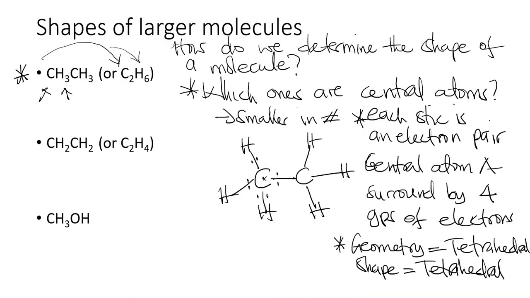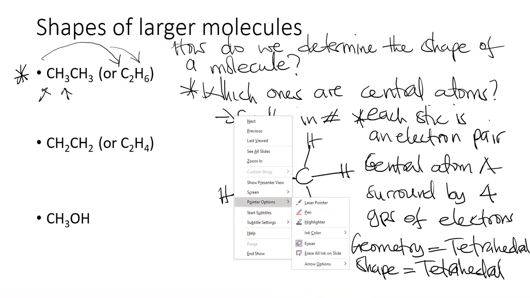A tetrahedral shape occurs when the central atom is surrounded by 4 chemical bonds and you don't have any non-bonding pairs.